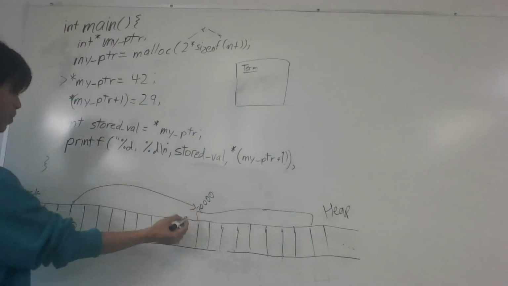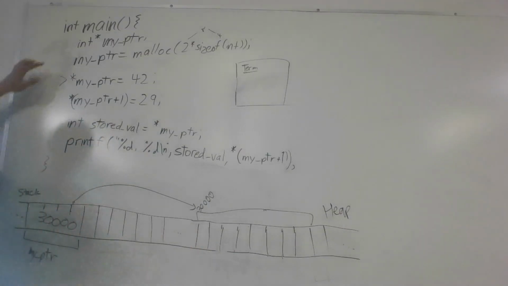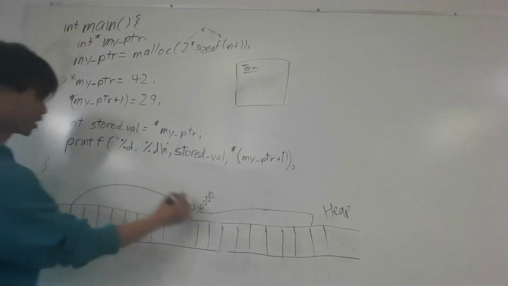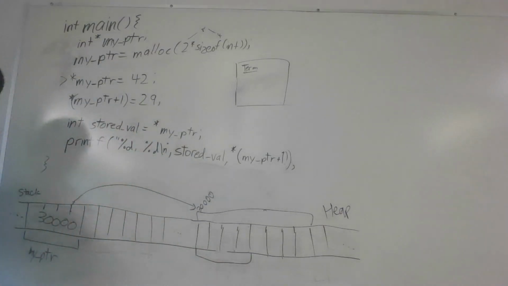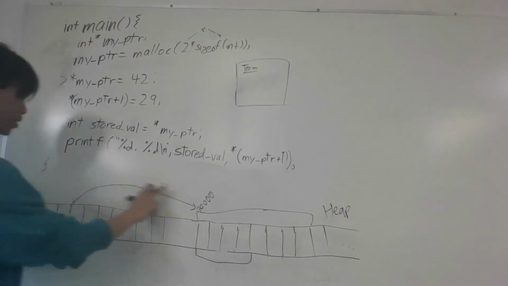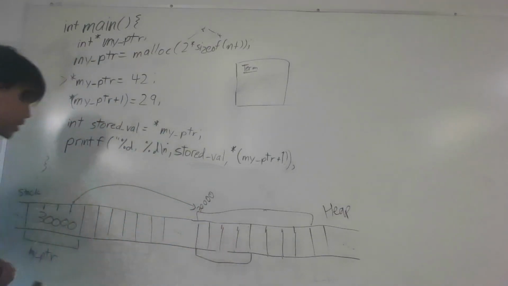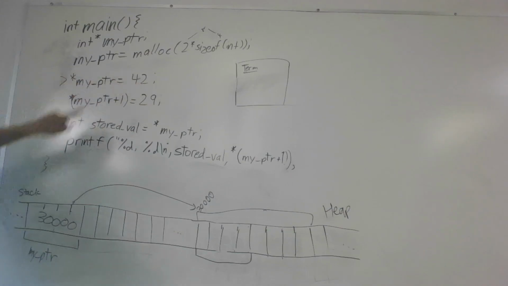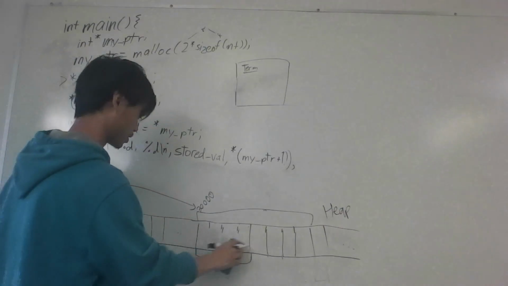And then take the chunk of memory whose size is equivalent to the size of the type being pointed to. The type is an integer, and an integer is 4 bytes. So dereference means follow the arrow and consider a chunk of memory equivalent to the size of that data type. So what do we do here? 42 is being assigned to this chunk of memory being pointed to. It is literally just an assignment. That's all it does.